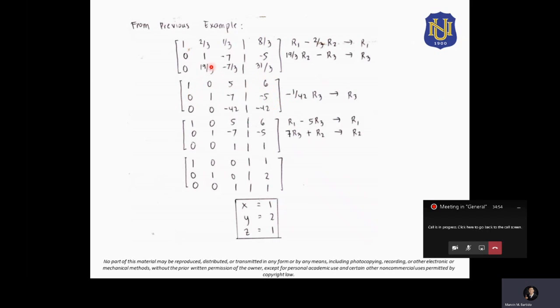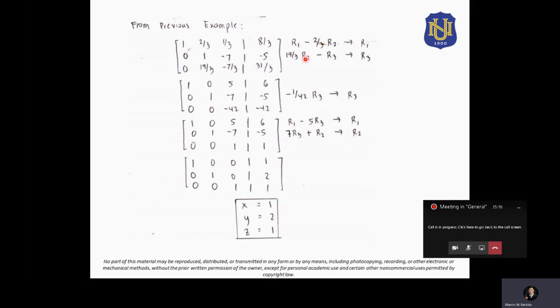Tapos yung third row natin, so itong 19/3 yung kailangan natin mapag-0. So we have to multiply yung row 2 natin by 19/3. Okay, minus yung row 3 natin. And that will be the new row 3. So that will be 19 thirds times R2, which is 1, minus R3, which is 19 thirds, that will be 0.